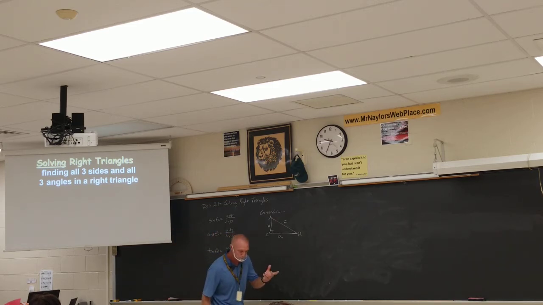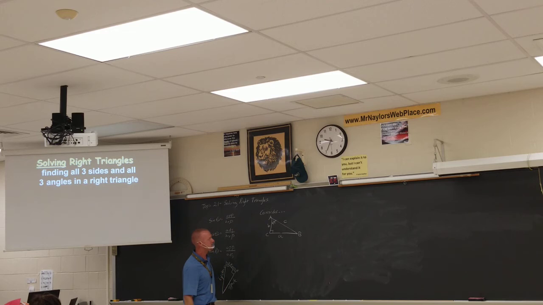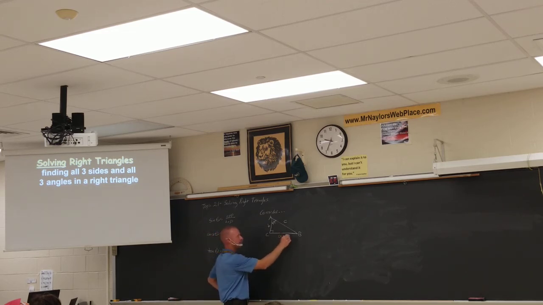Okay, let me give you some stuff about this triangle. How about angle A is 49 degrees, and side a, we'll know that that's 7.